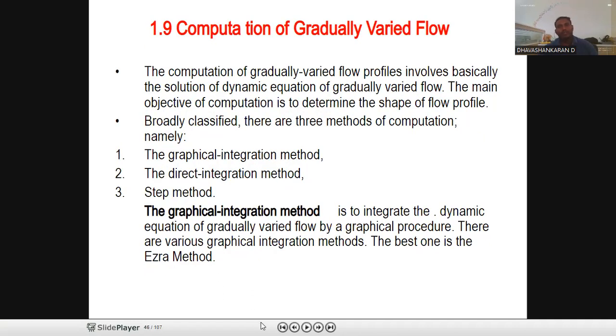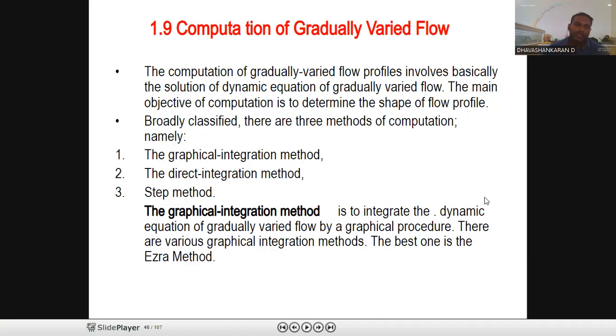Here we can compute it by using three methods: the graphical integration method, the direct integration method, and the step method.